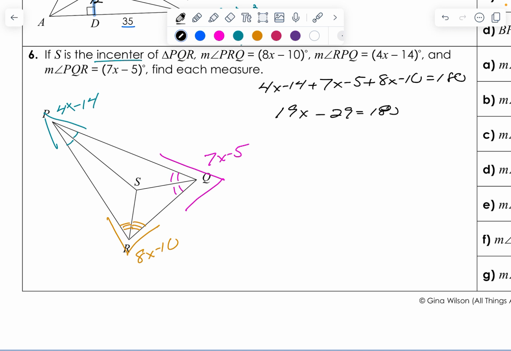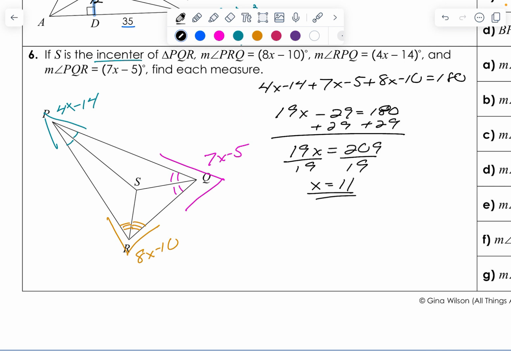Oops, pen's glitching. Plus 29, plus 29. 19x equals 209. Divided by 19. Let's see, 209 divided by 19. X equals 11.